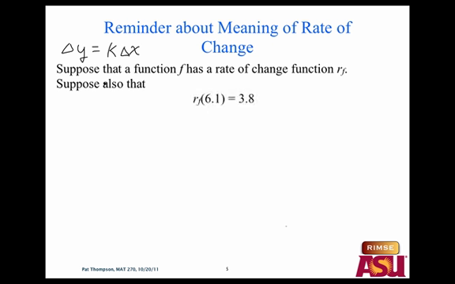We've got this function f and its rate of change function. At 6.1, the rate of change is 3.8. The question is, what does that number mean? It's a question everyone should be able to answer. Yes, it is the rate of change of the function f when x is 6.1. But what is that? What is the meaning of that value?